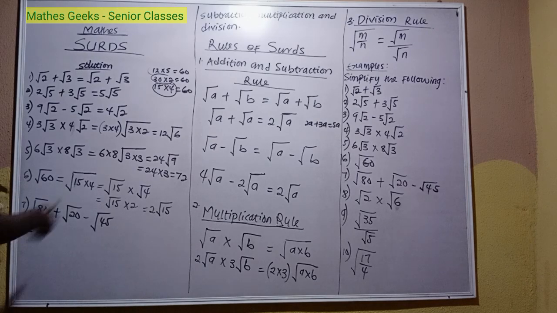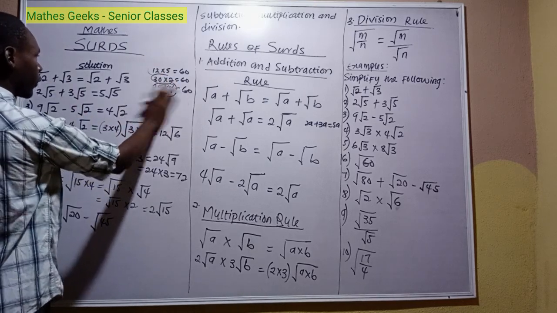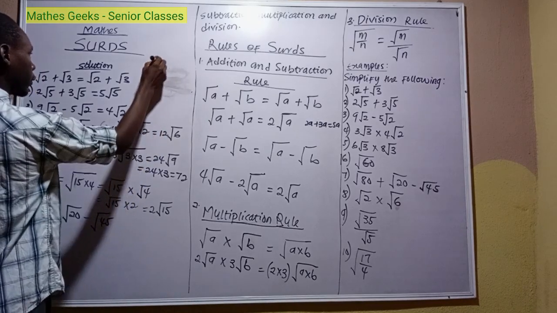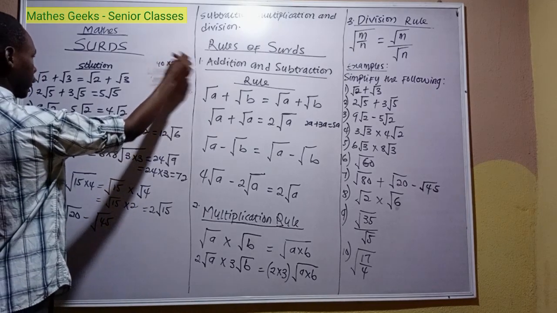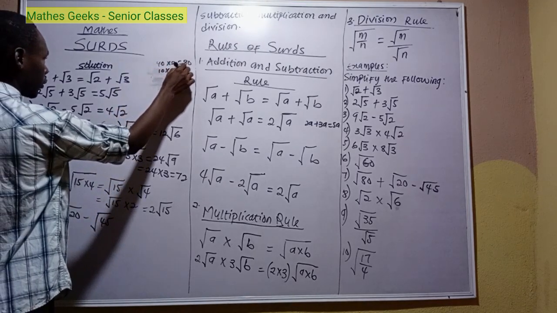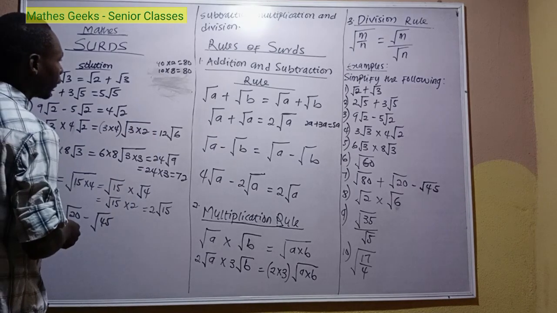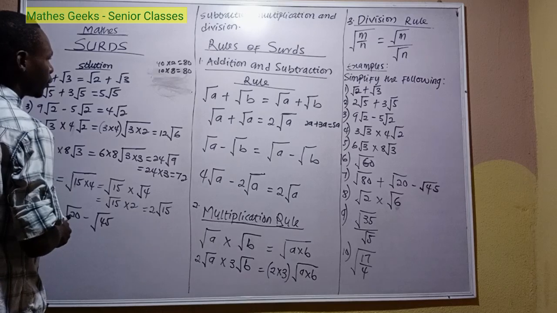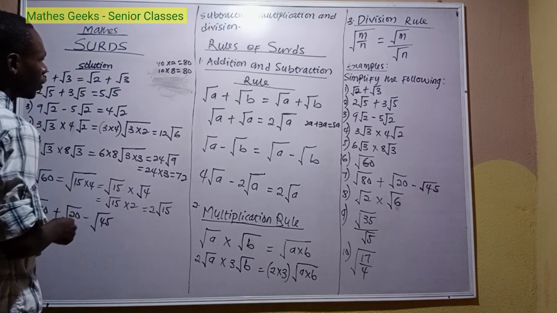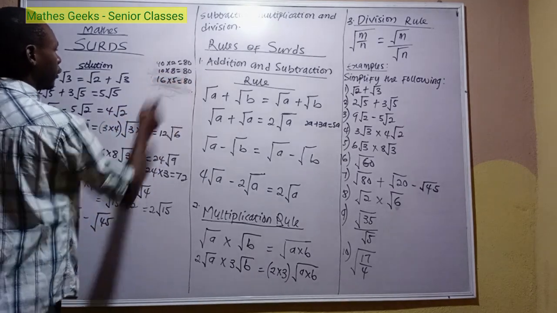For factors of 80, we have 40 times 2 to give us 80, and we have 10 times 8 to give us 80, and also 16 times 5 to give us 80.